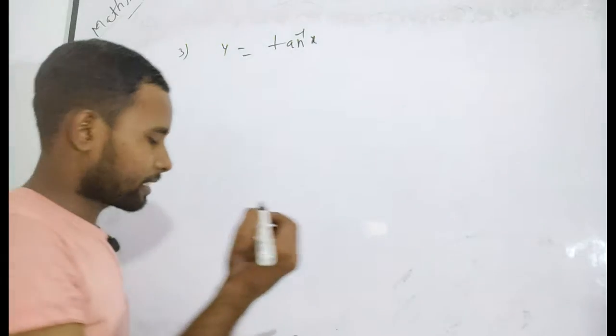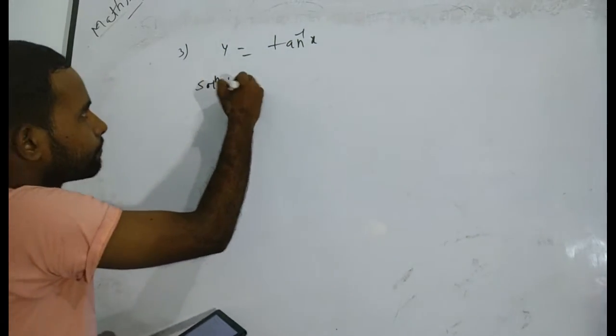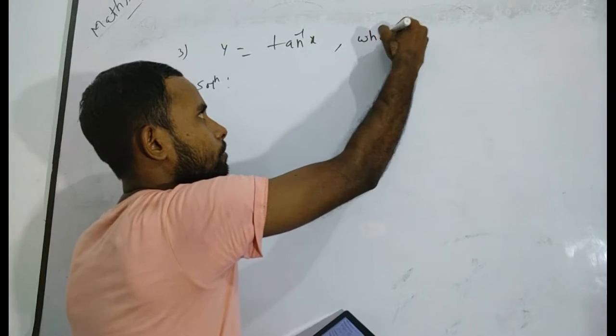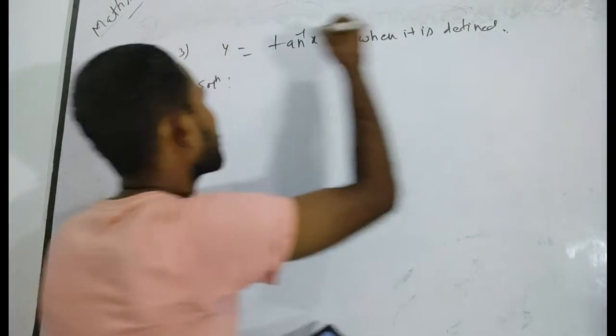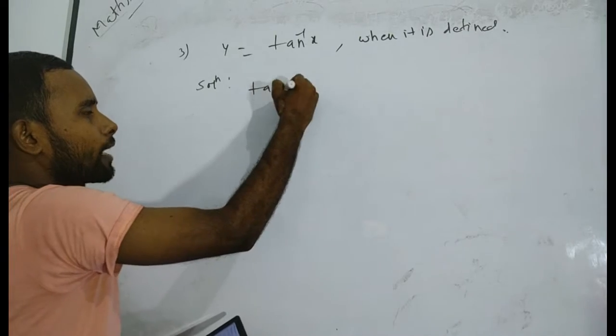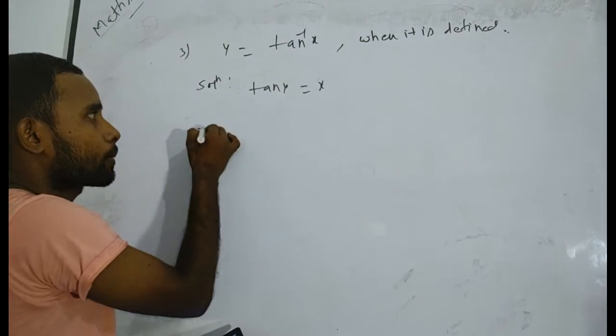Y is equal to tan inverse x, and there is some condition when it is defined. Can you write tan y is equal to x? After this step, you can write, differentiating on both sides.